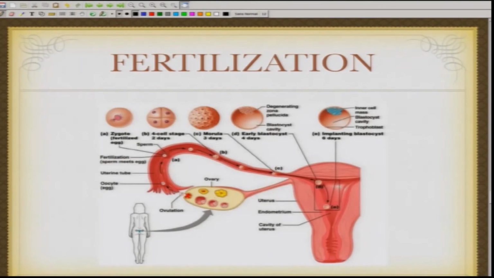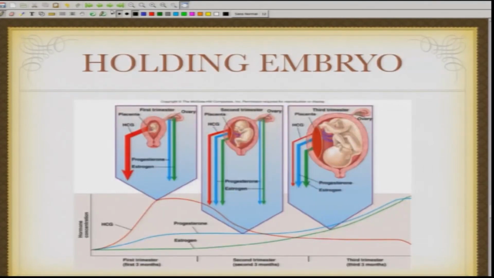This is how the egg is being released from the ovary, picked up by the fallopian tube, and it is stored here, and this is where the sperm moves through if it has to fertilize the egg. And if it fertilizes, then the whole development process starts, with a newborn growing out here, and after 9 months 15 days it is ready for being released out from the body.